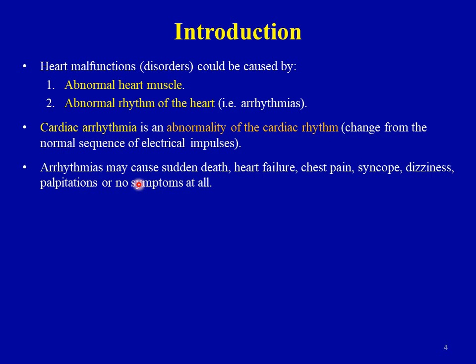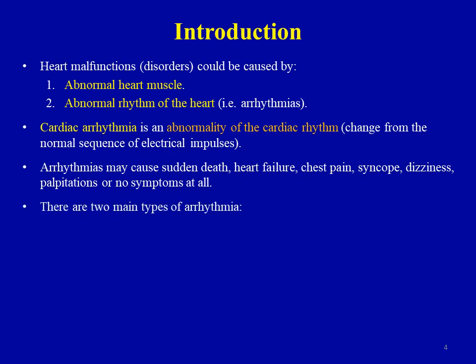Arrhythmias may cause sudden death, heart failure, chest pain, syncope, dizziness, palpitation, or no symptoms at all. So arrhythmias could be asymptomatic or could be severe enough to cause death, because in some cases they will compromise the cardiac output to a very low level, and this will lead to death of the patient.